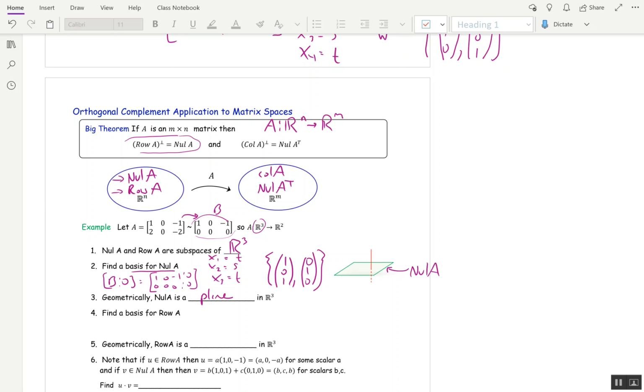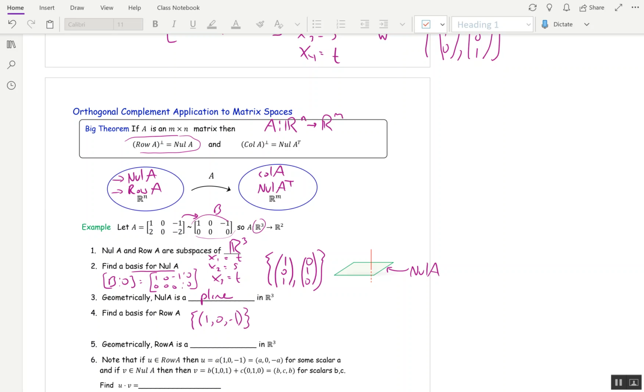Okay, find a basis for row A. At the end of the last video, I showed you a little box as a review of how to find a basis for row A and col A. A basis for row A is going to consist of the non-zero rows of B. So in this case, it's only one row, 1, 0, -1.